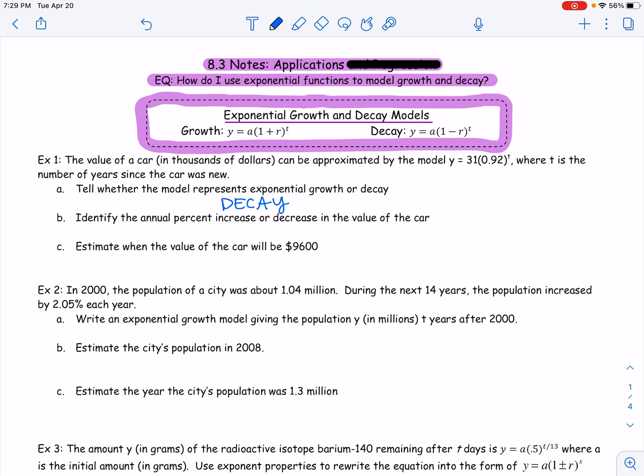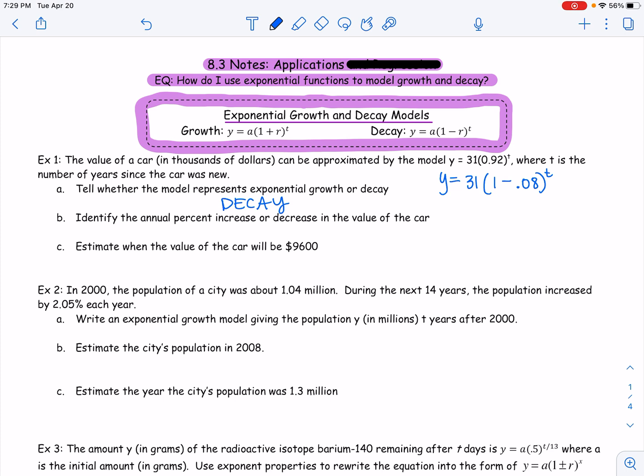So this is decay. Then it says, identify the annual percent increase or decrease of the value of the car. Here's where we can take our initial model that's given to us and rewrite it in the form that we want. y equals our initial amount, which is still 31, times, we know this is decay, so we're going to write it as 1 minus 0.08 raised to the t power.